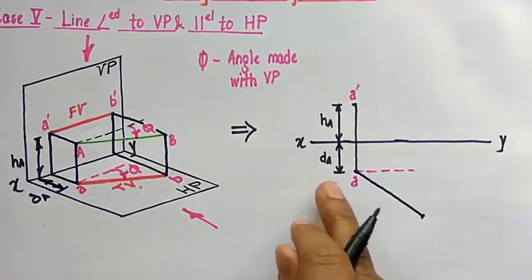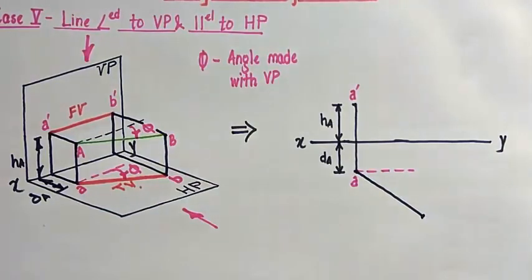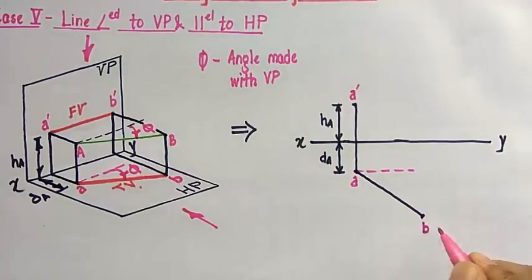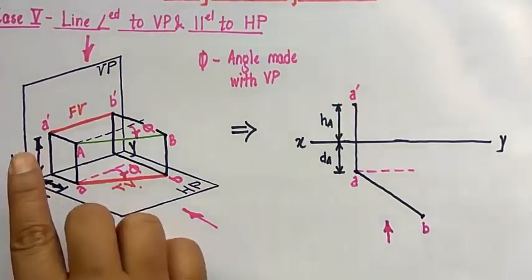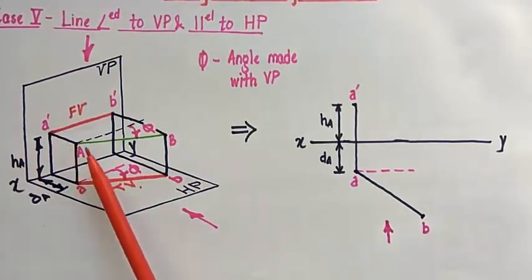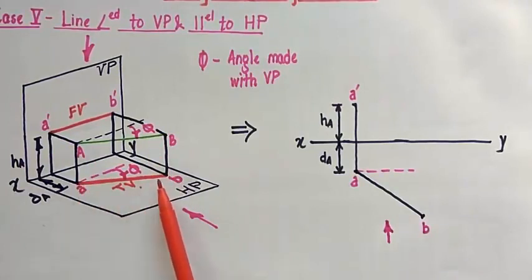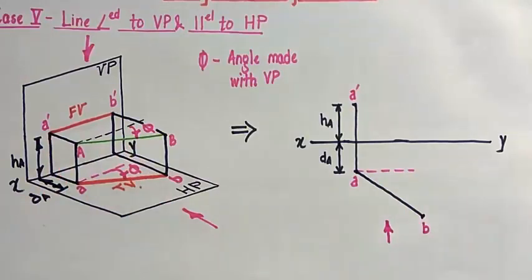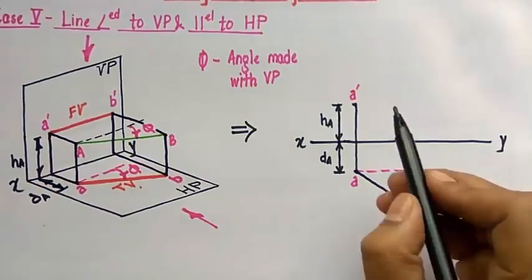So this is the top view. This is B. Then we are going to look at this from the front. We already know that the line is parallel to the horizontal plane, so its front view is going to be a straight line parallel to XY. I'm going to draw this.